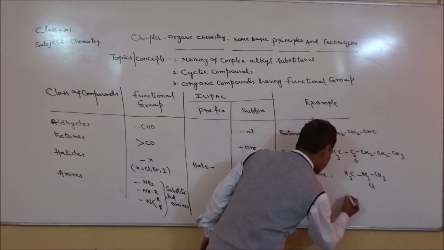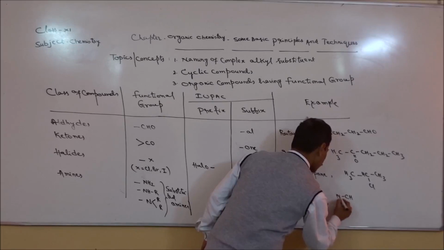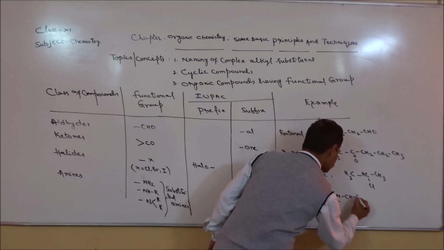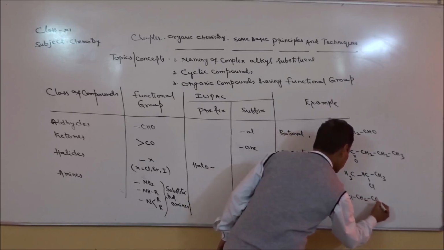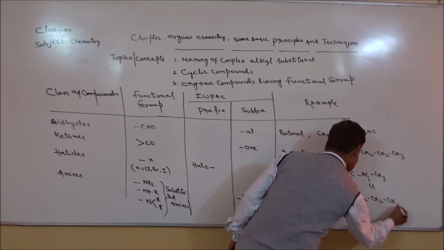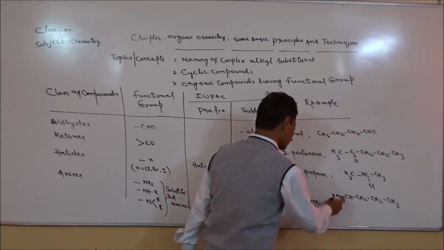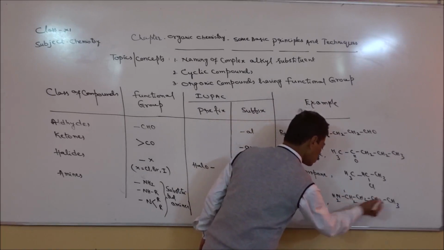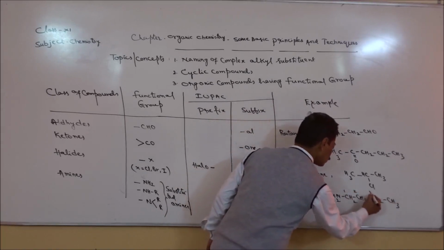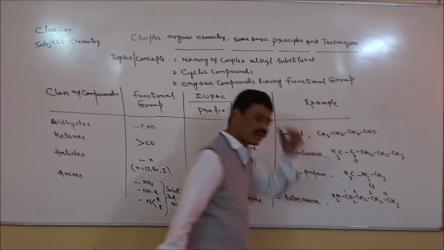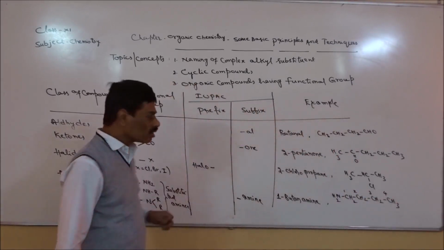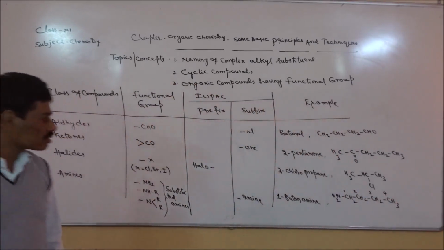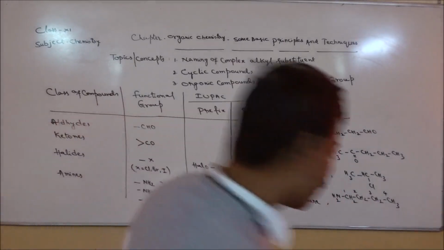And its structure is like this: CH2, NH2, CH2, CH2, CH3. When numbers are given, this carbon will take number 1. 1, 2, 3, 4. So the position of the NH2 group is 1. Therefore, it is 1-butanamine.